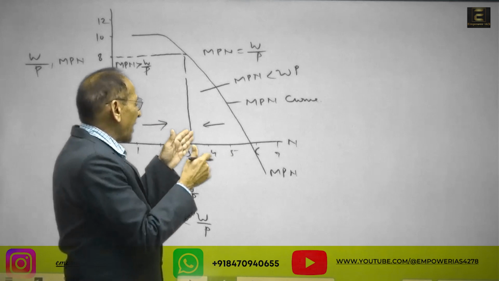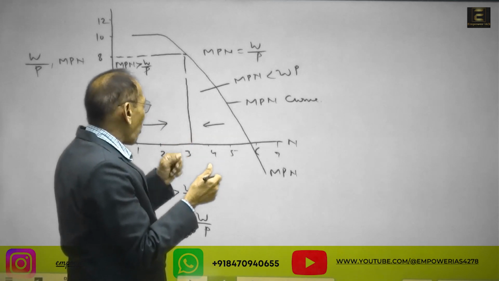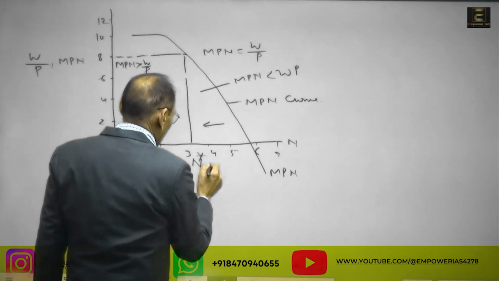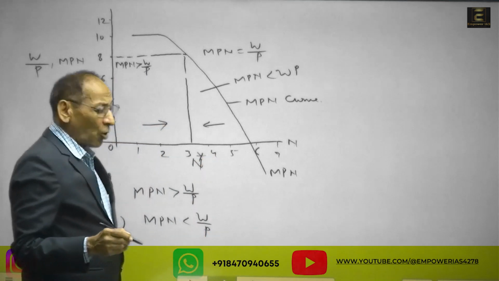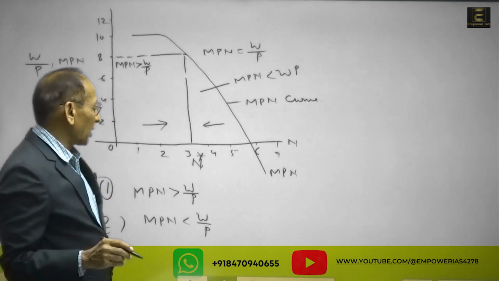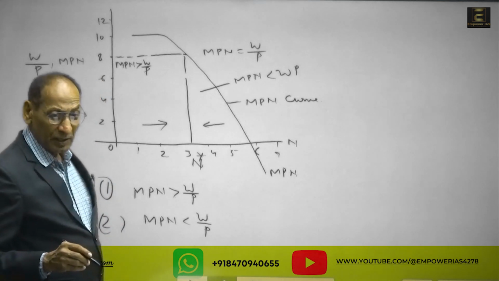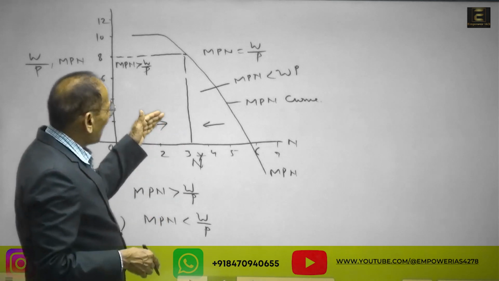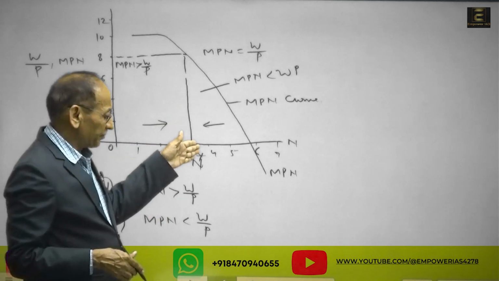From the equilibrium point N star, if more labor is employed on the rightward side, the firm will have to bear a loss. Hence, the firm will reduce the labor force, and again the equilibrium will be achieved.